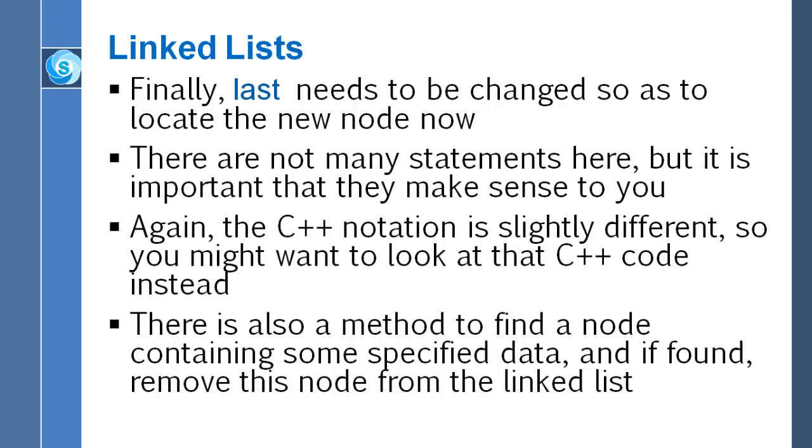It will follow pointers and traverse its way through the linked list until it comes upon a node whose piece of data matches the data that we're looking for. And when that happens, it will remove that node from the linked list. I would like you to find that method in the code, but you don't have to worry about the details.